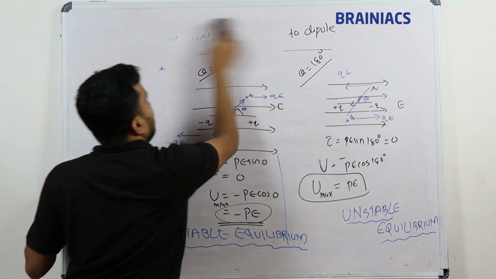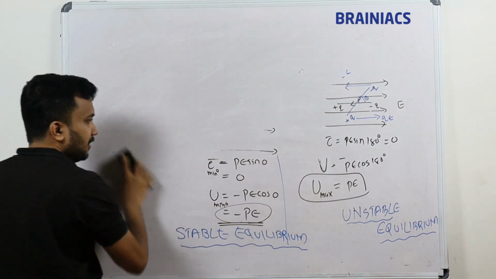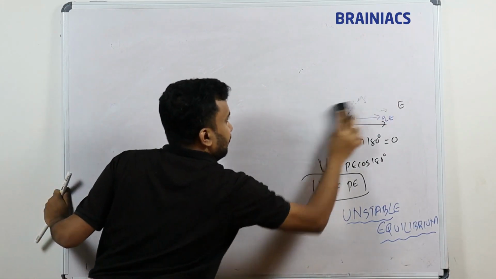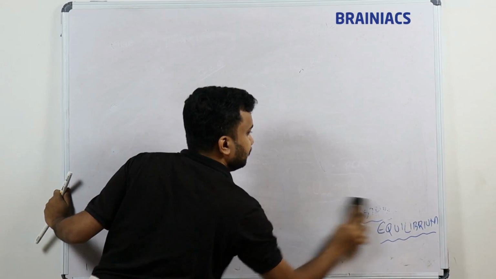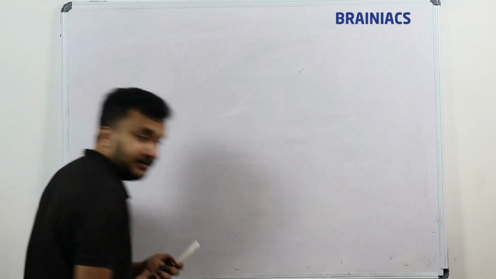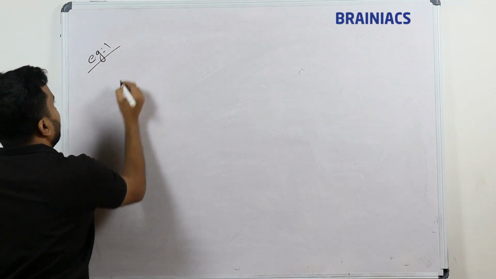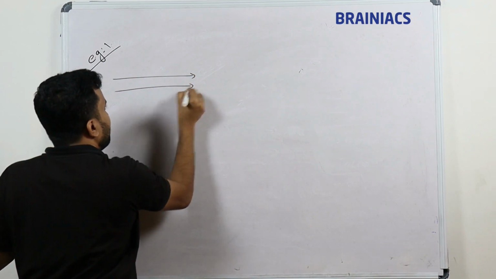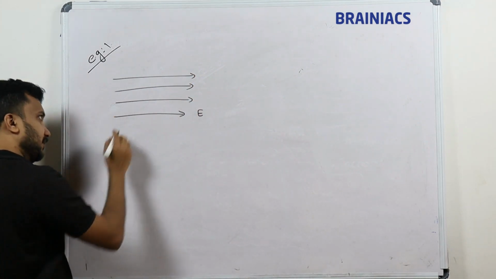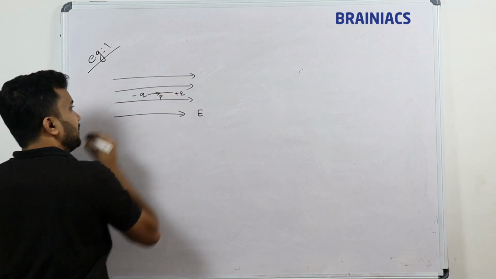Okay, we'll see some small questions connected to this one, some example questions to make the theory much stronger. So my first example to you. Example number 1. Initially the electric field is like this, and the dipole is placed like this, plus q to minus q, p is like this.